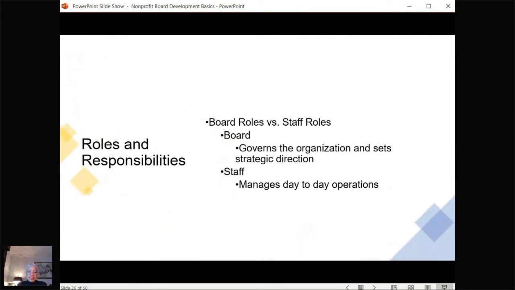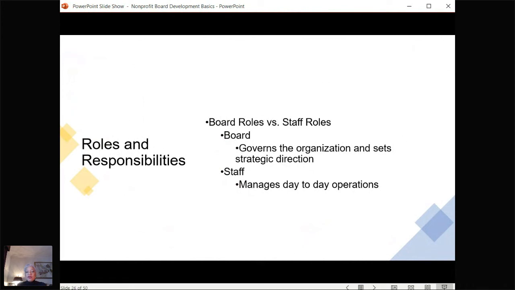Roles versus responsibilities, or board roles versus staff roles. So often, if you don't have a staff, this is not a problem for you. You just have a board. Anything that needs to get done, the board has to do. But if you have a board and staff, there are differences in the roles from a legal perspective.